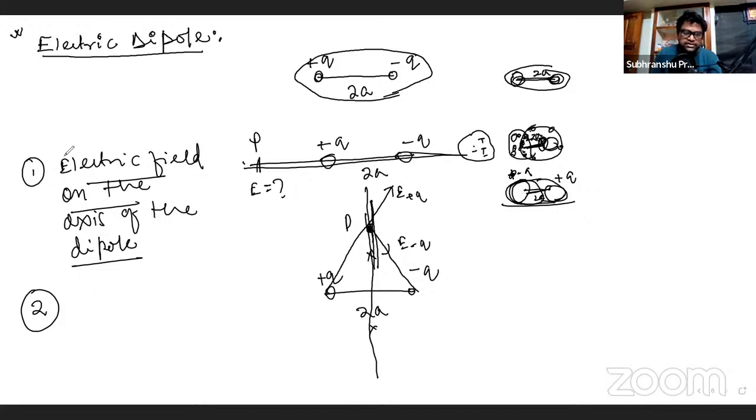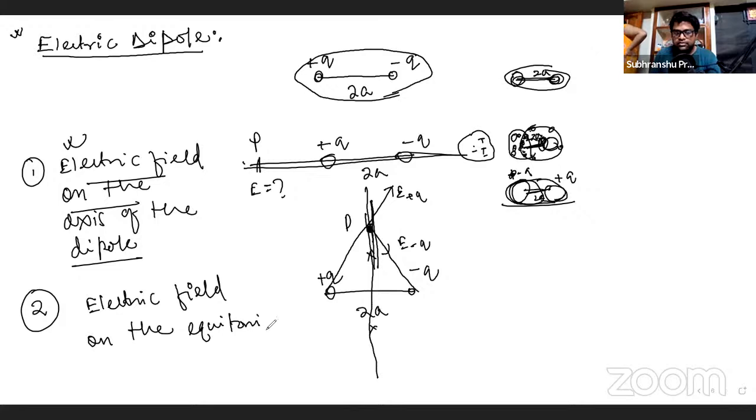So two cases: one is the electric field on the axis of the dipole, and the second is the electric field at points on the equatorial plane.